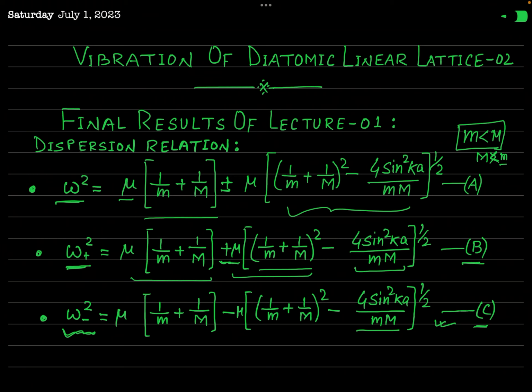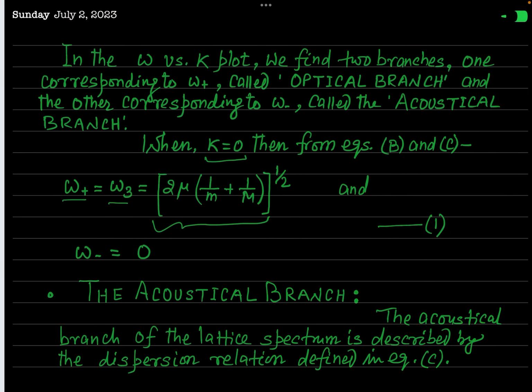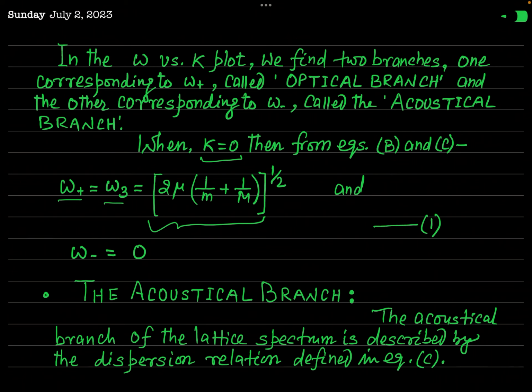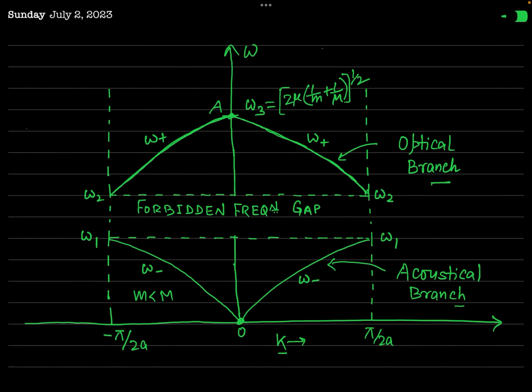And the first term, mu times (1/m + 1/M), minus the second term, mu times (1/m + 1/M), both will cancel out, and so after cancellation you can see that this omega minus will be simply equal to 0. So you can see in this graph that when k is equal to 0, omega minus is 0, but omega plus is equal to omega 3, which is equal to this much.